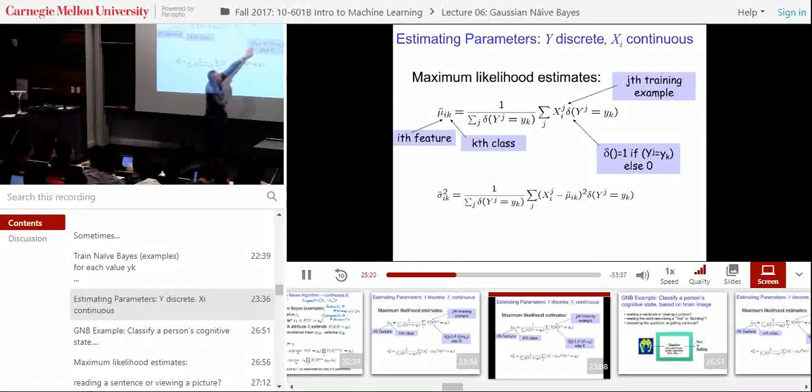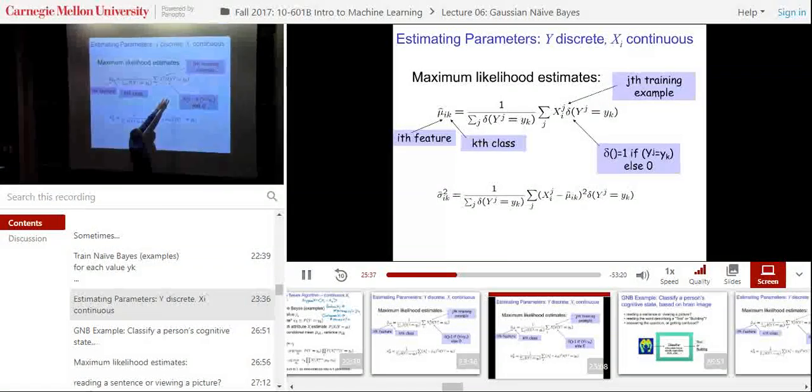So basically whatever its argument is, it's 1 if that argument is true and it's 0 otherwise. So delta is 1 or 0 depending on whether the jth, oh, jth training example, thank you.